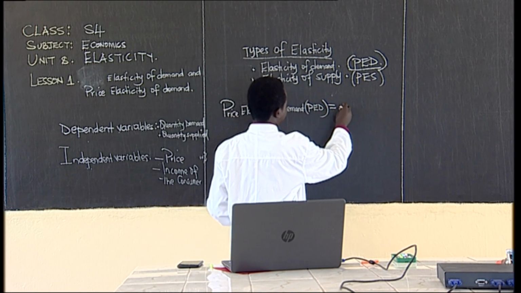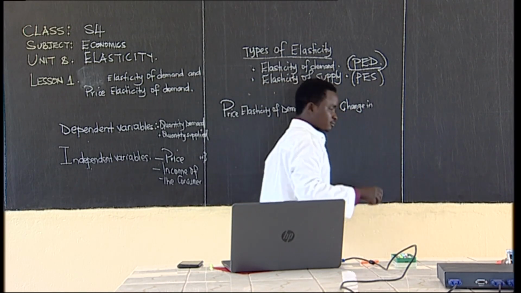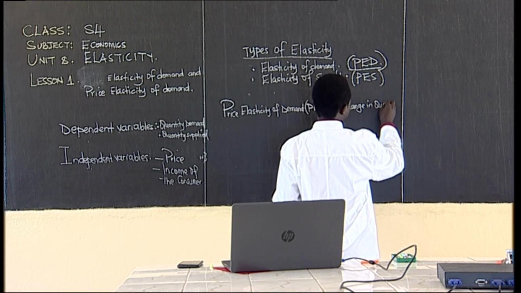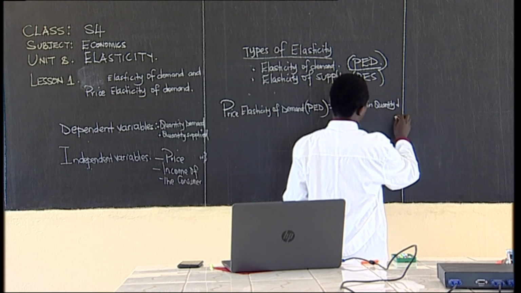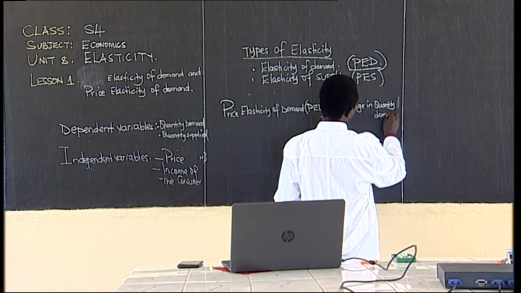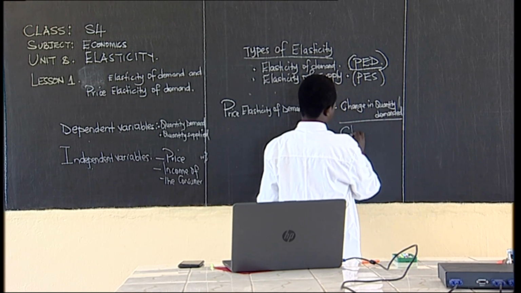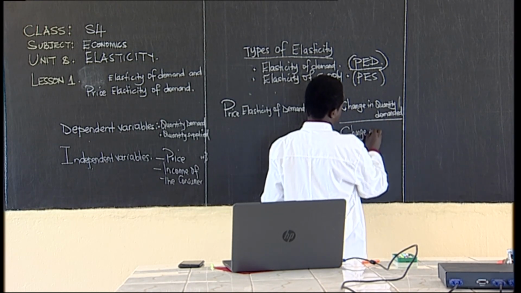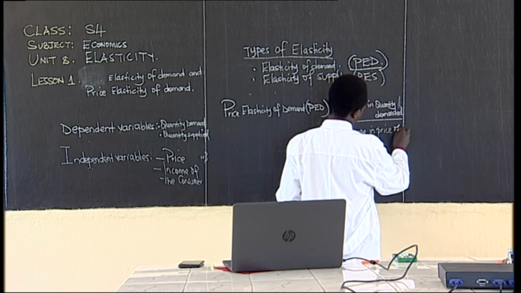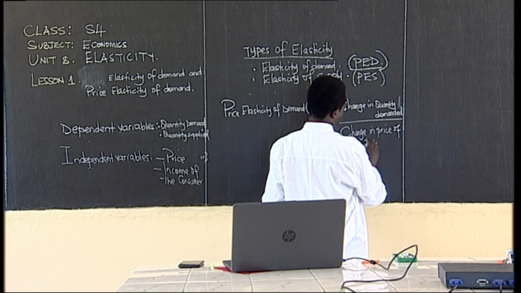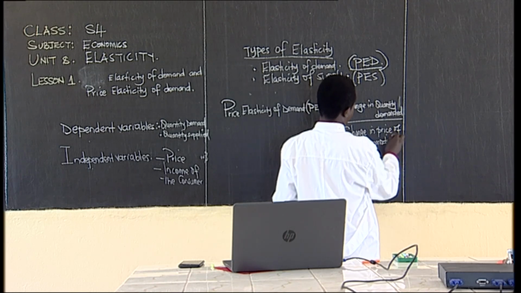How do we get it? You can say it is a change in quantity demanded, divided by a change in the price of the commodity.